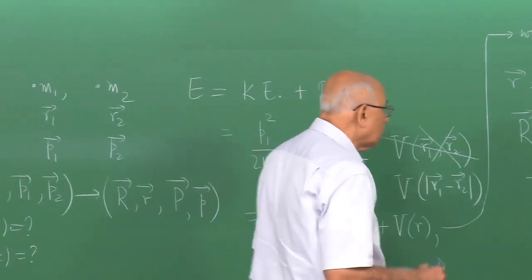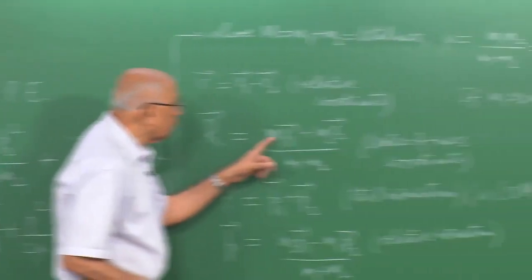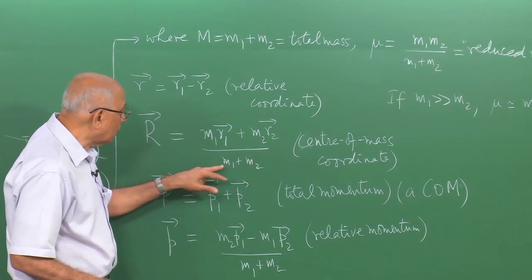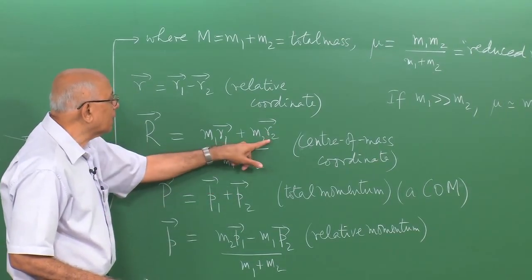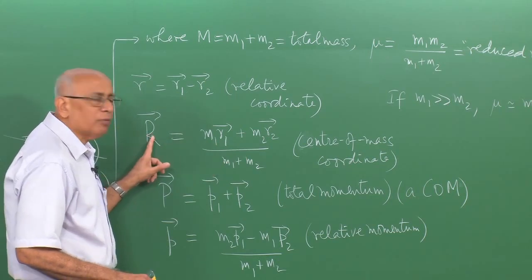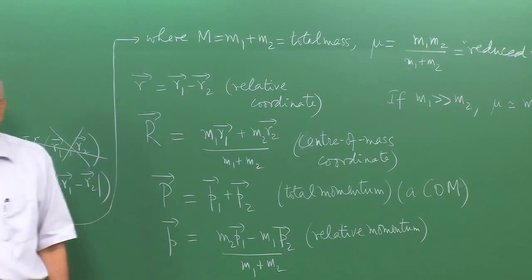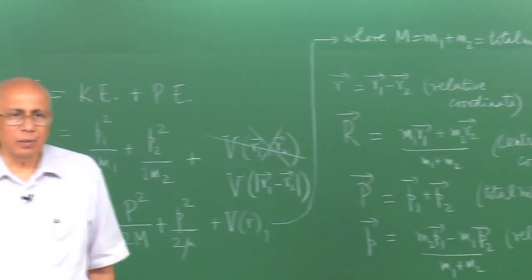And in this case, it is also clear that if m1 is much bigger than m2, then just as you can neglect this m2 compared to this m1, you can neglect this compared to that, and the center of mass coordinate is essentially the coordinate of the very much heavier, more massive object.